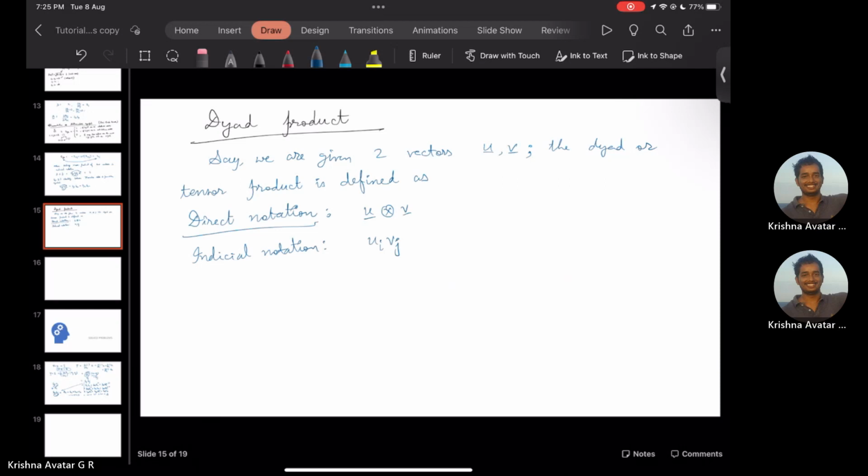Fine. And we also have something called a matrix notation. Provided that you have represented u and v in some basis, which we usually take to be the standard Cartesian basis, then it can be represented as u times v transpose.